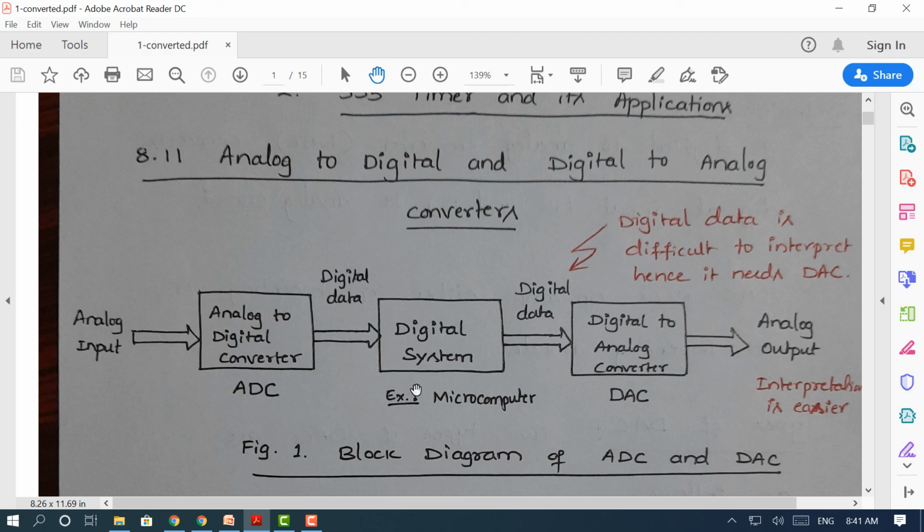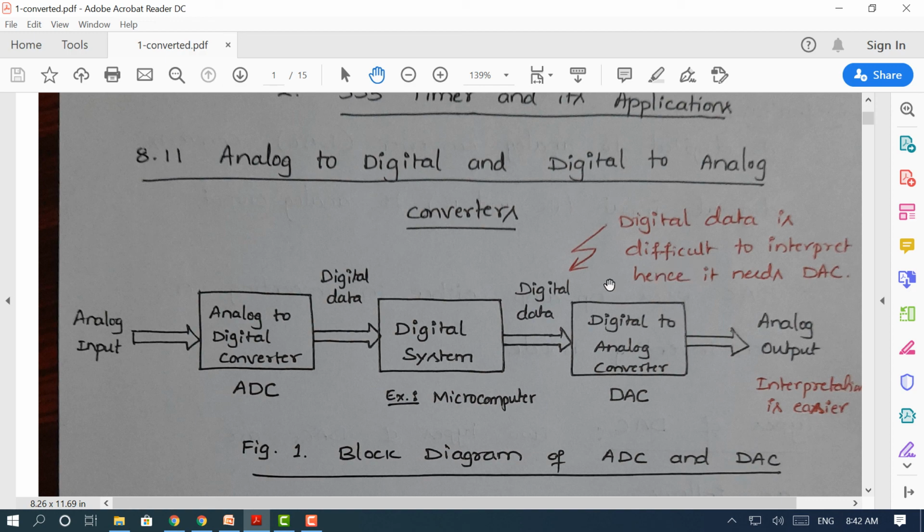Here we have a digital system. Basically it is a microcomputer which accepts digital data, data in the form of ones and zeros, processes that data and gives the output once again in the digital form, ones and zeros. The processed data is very difficult to interpret, because when the information is represented in ones and zeros, we can't interpret what it represents.